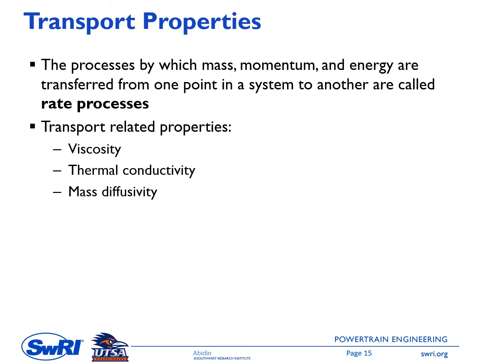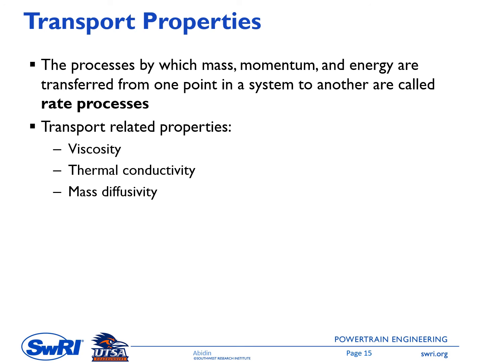Next one is transport properties. This is an important property as well. As you might know, inside the internal combustion engine we have transport of mass, momentum, and energy. We might also have turbulent transport. The processes by which mass, momentum, and energy are transferred from one point in a system to another are called rate processes.